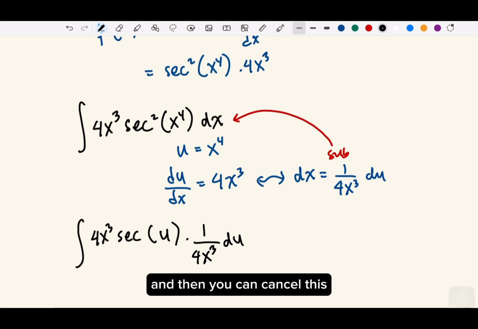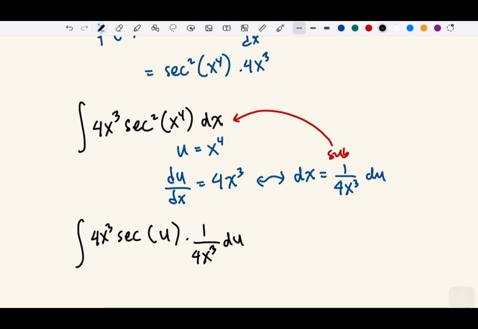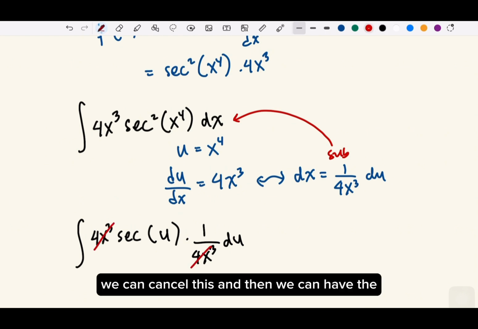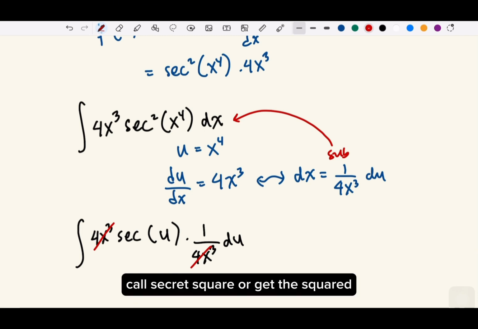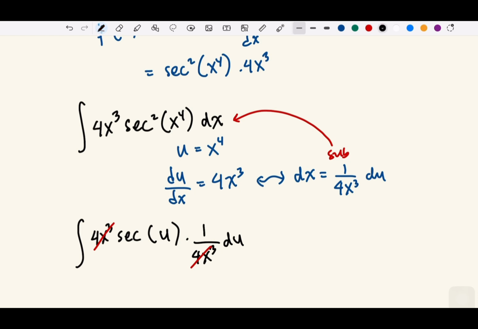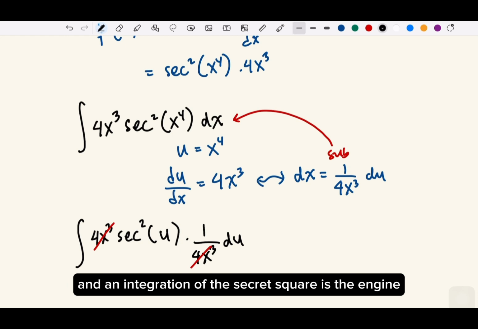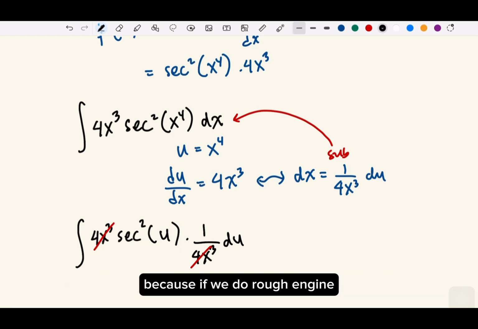And then we can cancel this. We can cancel this. And then we have the secant, oh, secant squared, forget the squared. And the integration of the secant squared is the tangent, because if we derive tangent, we get the secant squared. Okay?